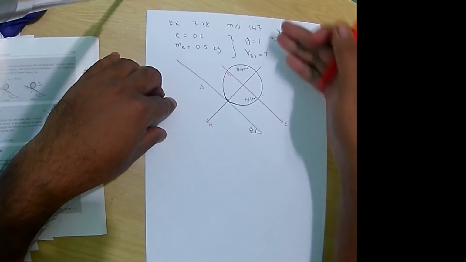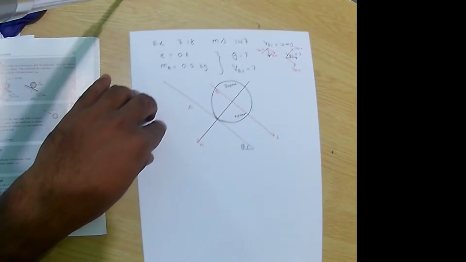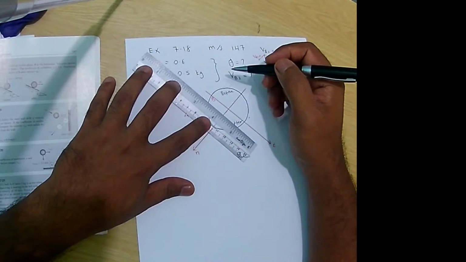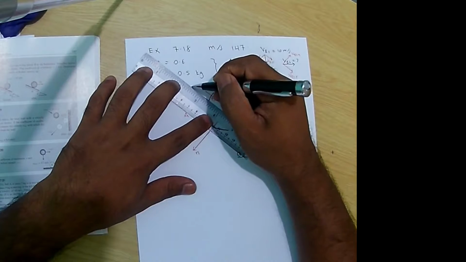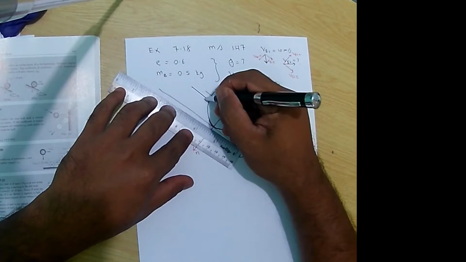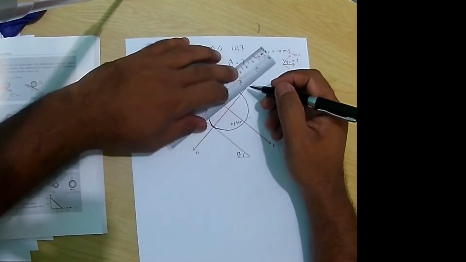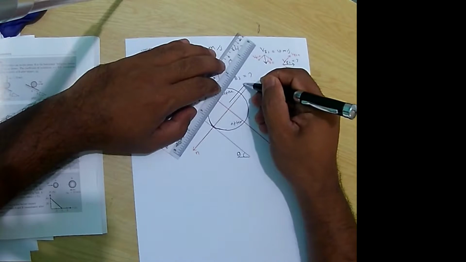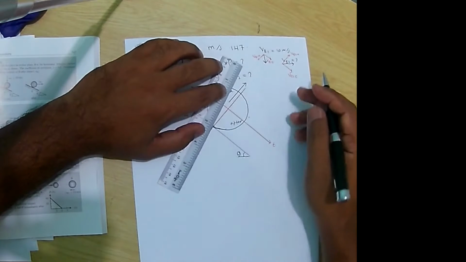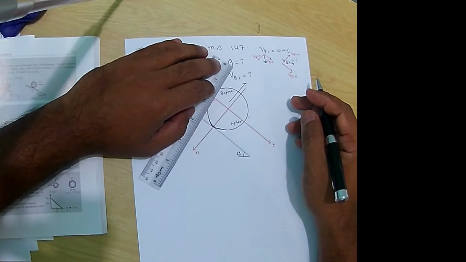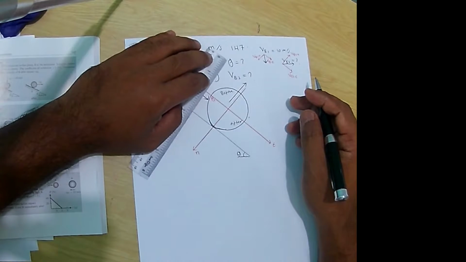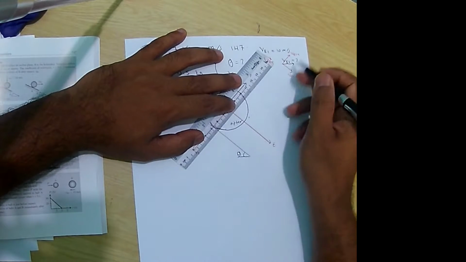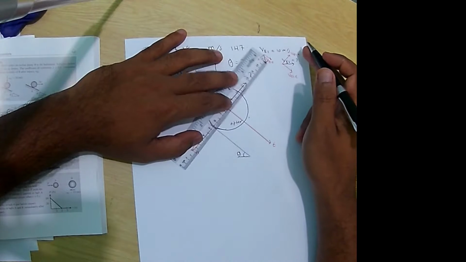Okay, so we put this part here. What we will have now is the first one here, and put this one here, and we have the other one, which is VB2.